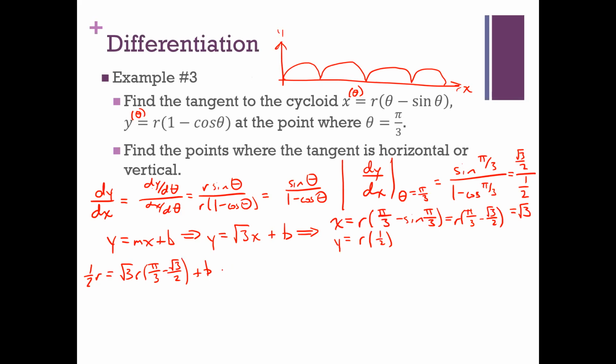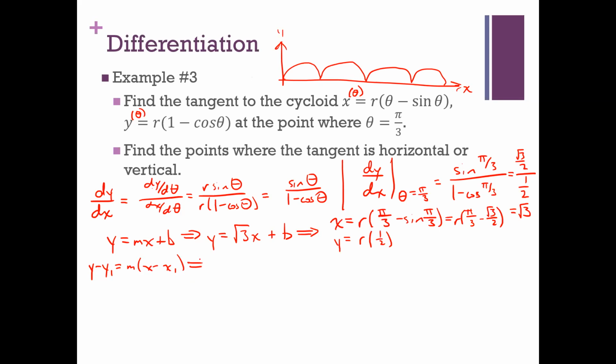Will I rob you of your closure if I don't get that nasty long exact expression for b? Yeah, we can use point slope. Would that make this look even nicer? What's point slope form look like? Yeah, that's going to be much preferable here.